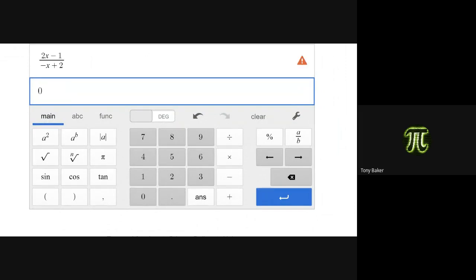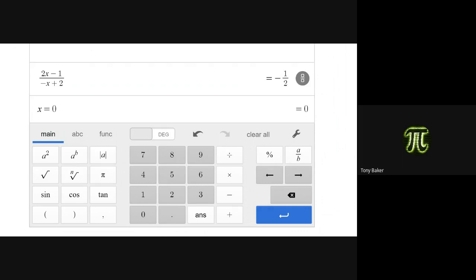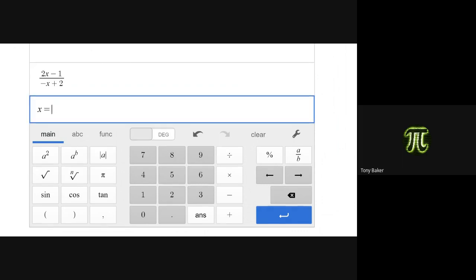And we did 0. I've got to put x equals 0. And if you click there, it'll give it to you as a fraction. So it's -1/2. For 1, it's 1. For 2, it tells you it's undefined, which it should be because that's your vertical asymptote. 3 is -5. 4 is -7 over 2. So notice how I just typed the equation once and just changed that one number and I get all my values.